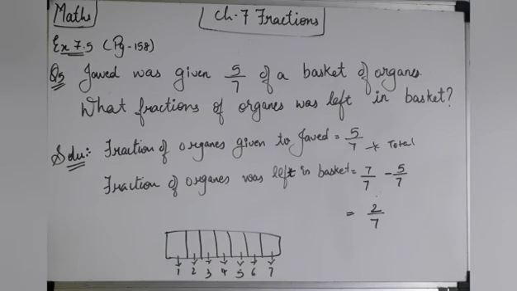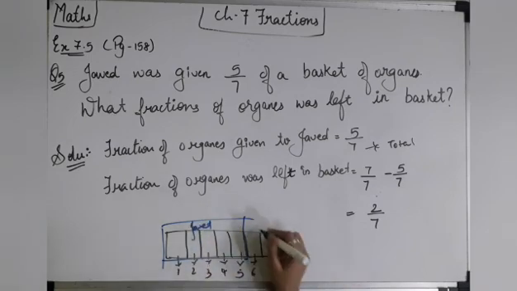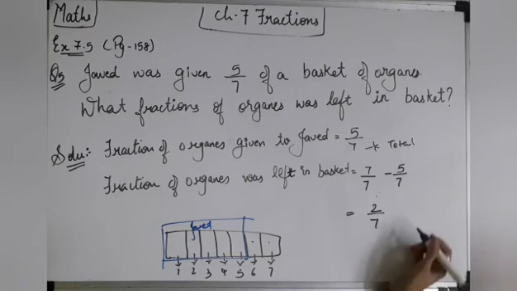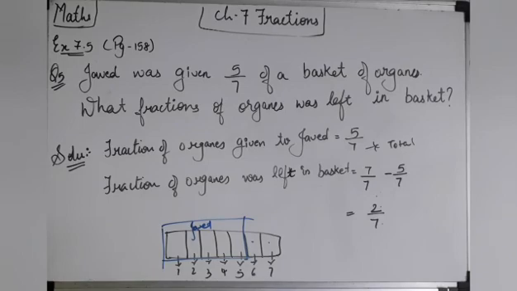Okay. And 5 from here to here was given to Javed. So how much is remaining? 2. That only we have written. 2 upon 7. Okay. I hope that you have understood. With this sum, this exercise we have completed. Okay.